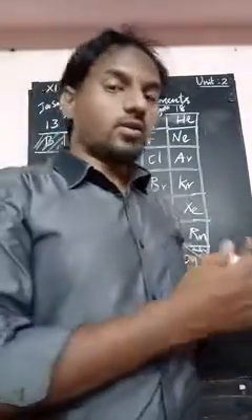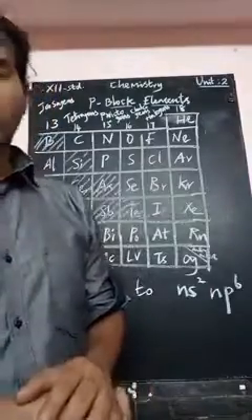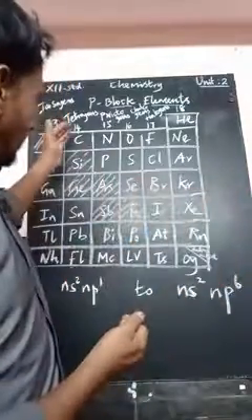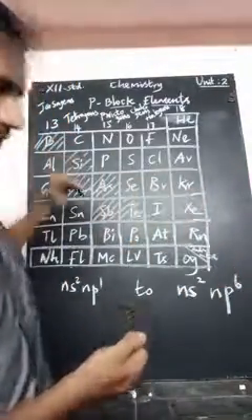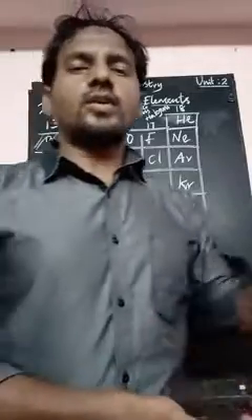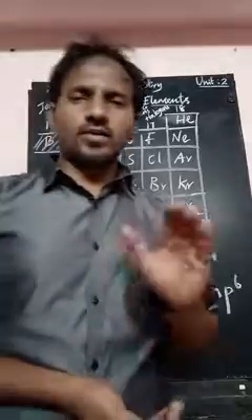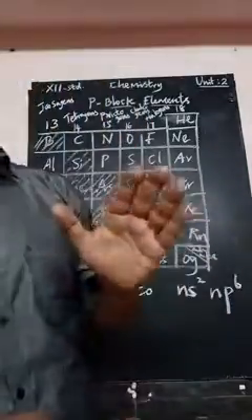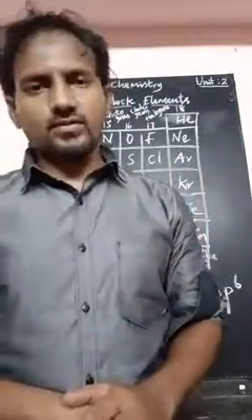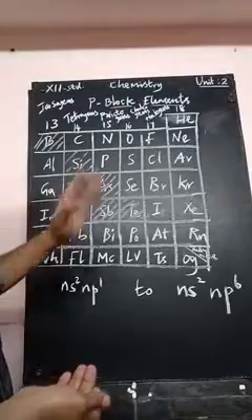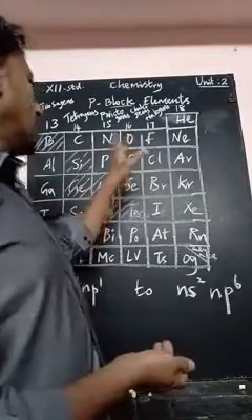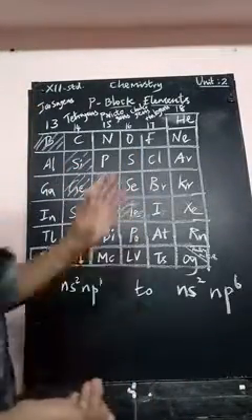Carbon has the highest catenation property, and from carbon down the group it decreases. In the 15th group, nitrogen is a diatomic gas and forms multiple bonds, whereas other elements do not form multiple bonds.